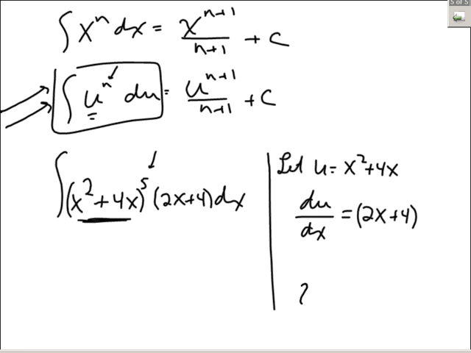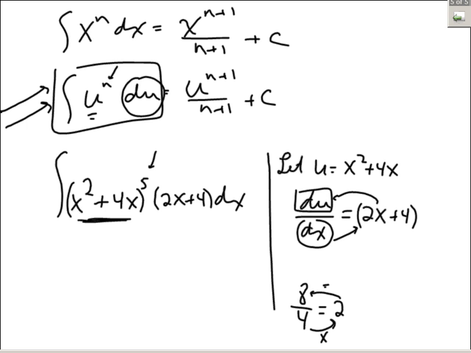Now, just like any fraction, if you have 8 over 4 equals 2, 4 times 2 equals 8. Always. This times that equals the top. See, I only want to know what the top equals. I only want to know what du equals, because that's part of my formula, du.